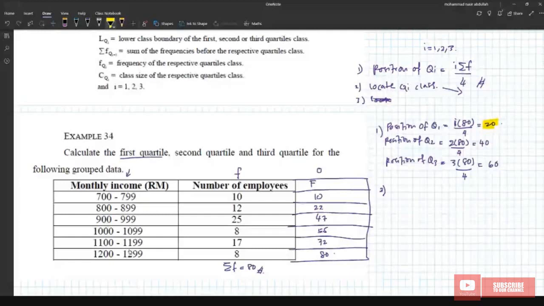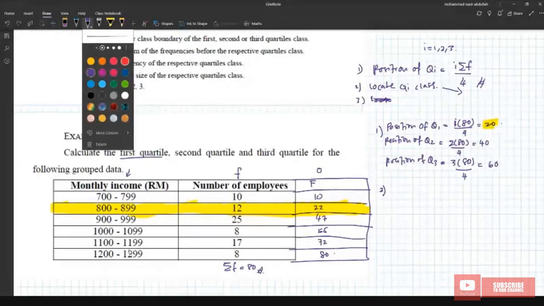The next greater to 20 is 22. So this is the quartile 1 class. This is the class for quartile number 1. Right. So since we already identified the class for quartile number 1, right?